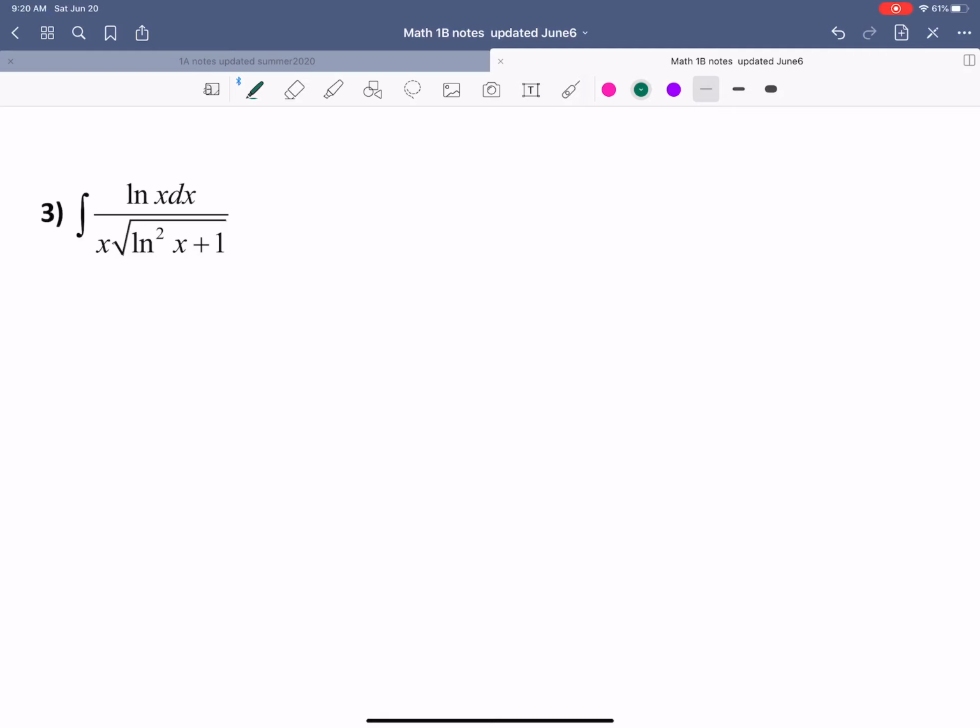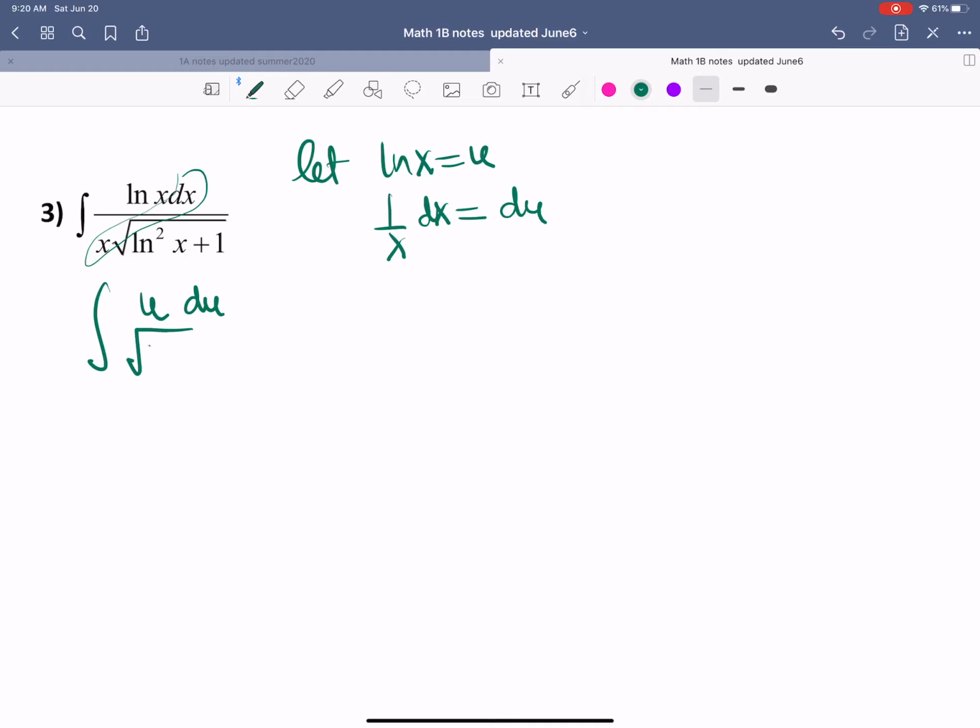No, let's call natural log of x as u. Let natural log of x be u, 1 over x dx be du. So we have u du, because this entire thing is du, and then square root of u squared plus 1. What should we do now?